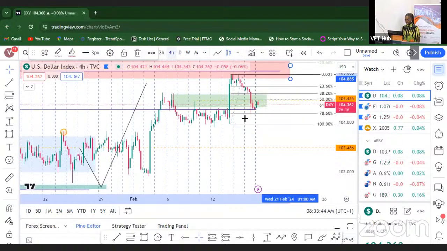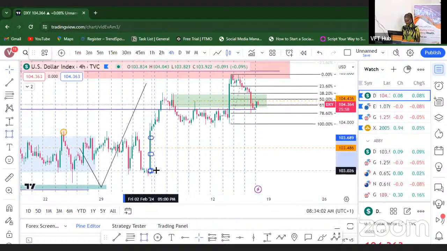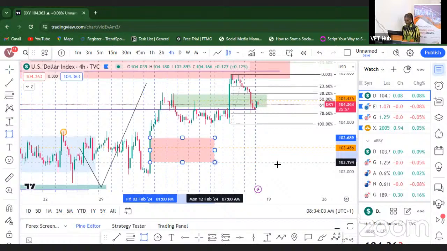Down to our 4-hour time frame, of course, during the news, price created a bit of a fair value gap here, and you can see that price retraced into this fair value gap. So I want to see dollar retrace a bit into this fair value gap here.